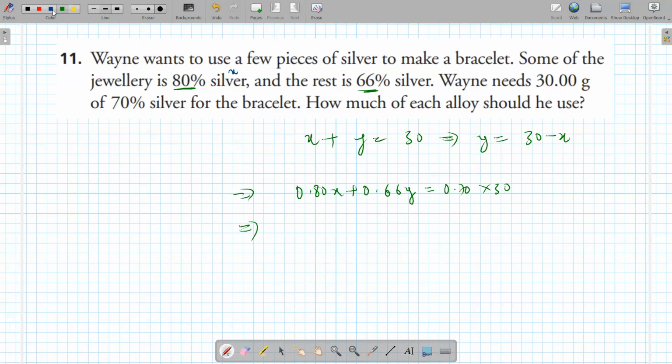I'm going to substitute that y in here. So you get 0.8x plus 0.66 times (30 minus x), and this is going to be 21. 0.7 times 30 is 21.